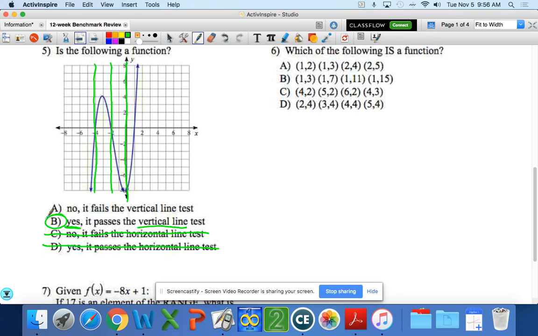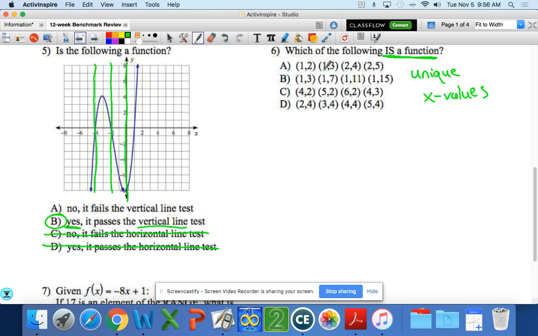Now we have to do that with numbers, with points. This says which of the following is a function, okay? What causes something to not be a function is that it has repeating x values. So to be a function, we need unique x values.